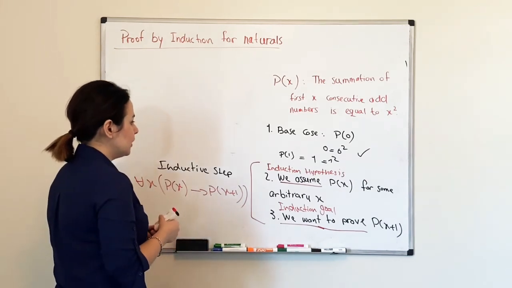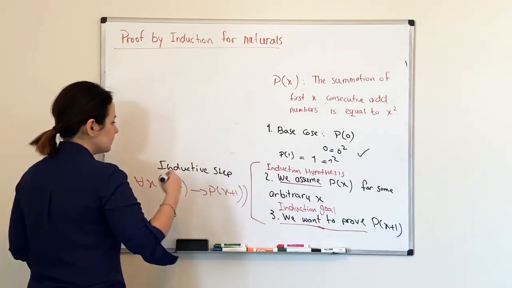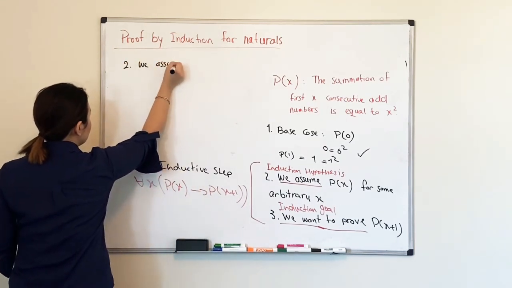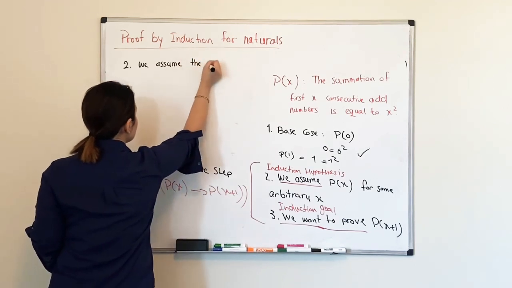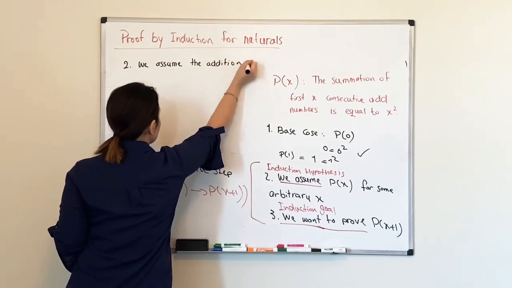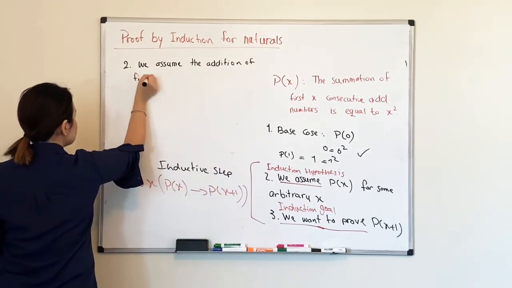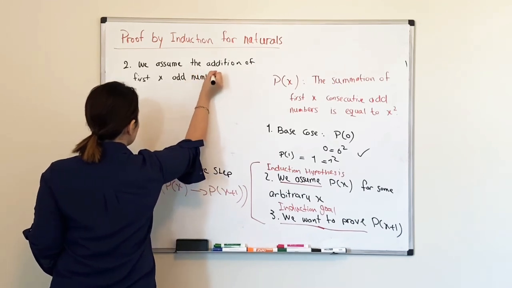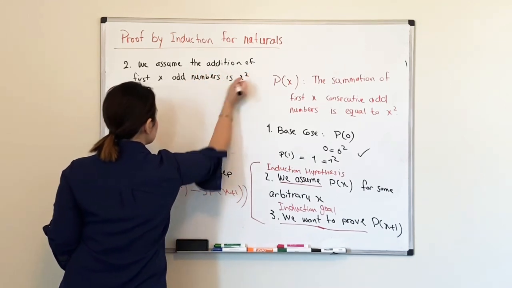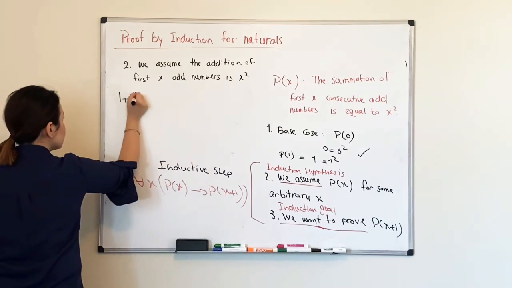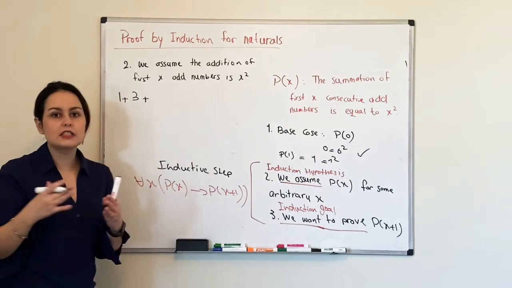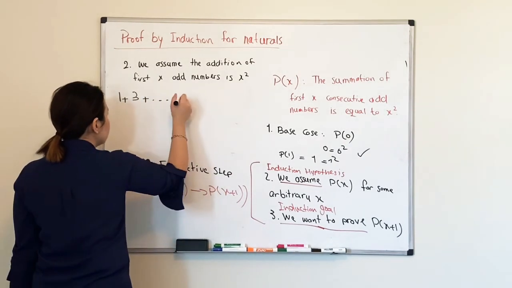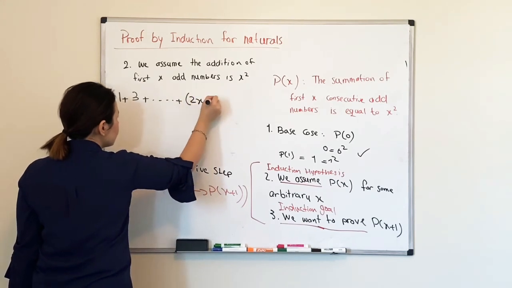Okay, we assume P of x for some arbitrary x, which means that we assume the addition of the first x odd numbers is x squared, which is actually 1 plus 3, continuing up to 2x minus 1.